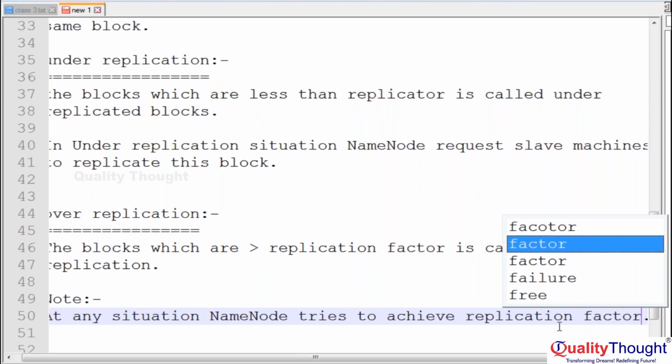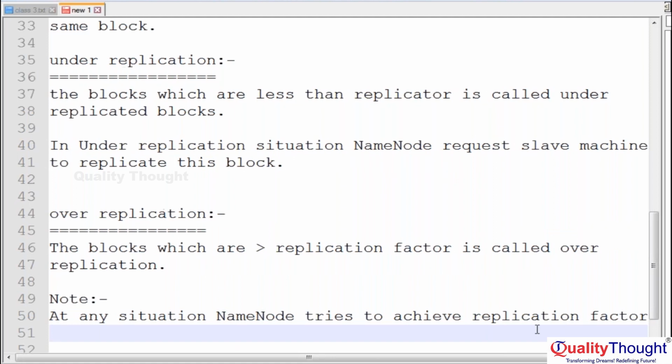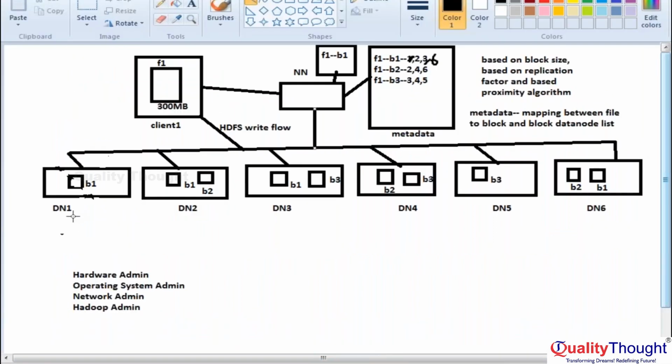In an over replication situation, name node requests data node 1 or data node 2 or data node 3 or data node 6 to remove the over replicated block.